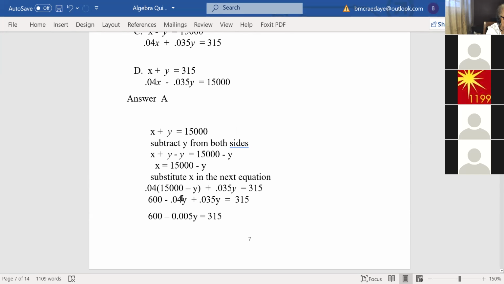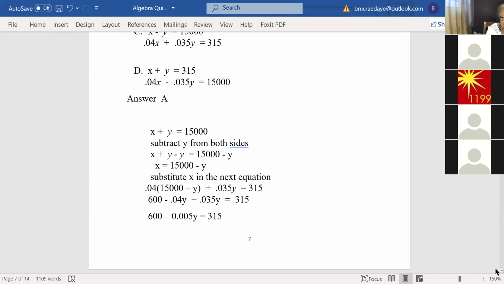Minus 0.04Y plus 0.035Y gave us the 0.005Y, and the 600 minus that is 315.